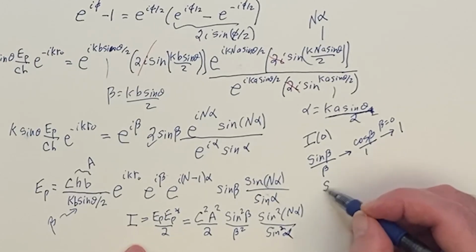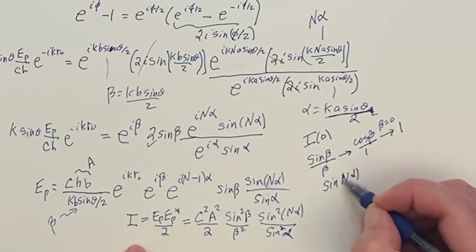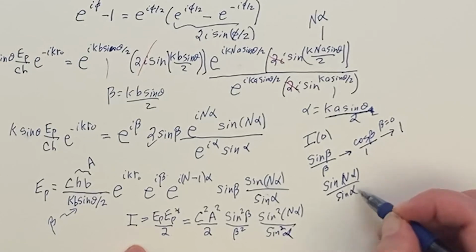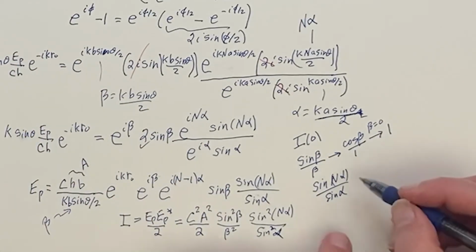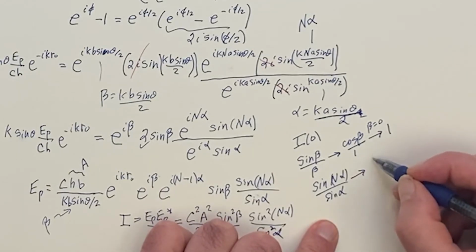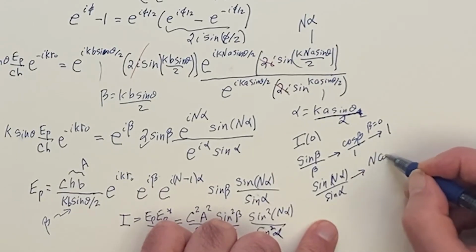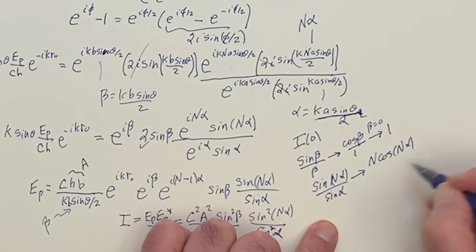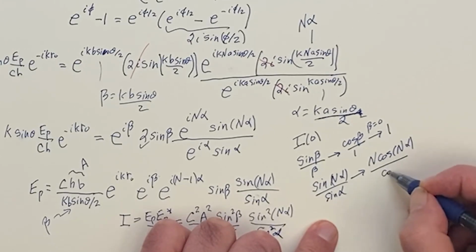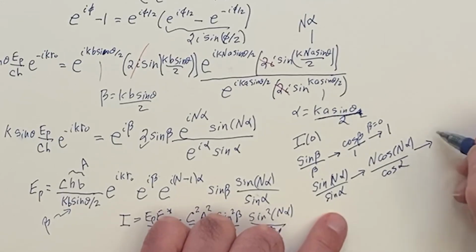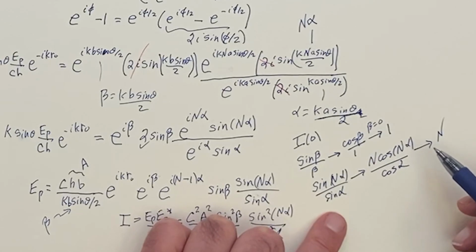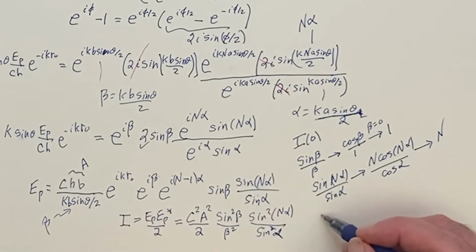But what about the sine of n alpha over the sine of alpha? I'd rather work with them not being squared. It's easier. So we're just working with them without being squared. So L'Hopital's rule says this is n times the cosine of n alpha, and this is the cosine of alpha. Now, when you put in alpha to be 0, you get n. Whoa. Which means we can fix this.